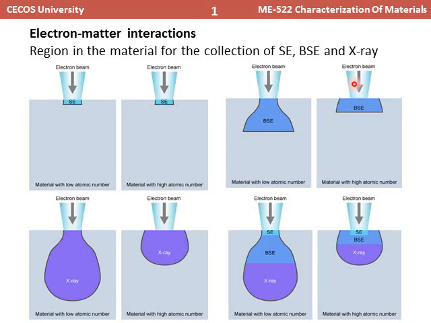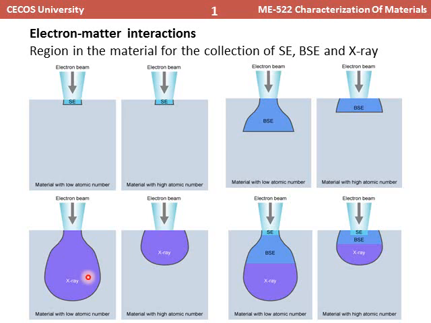Whereas in case of high atomic number specimen, these electron beams are deflected much earlier as compared to the low atomic number. The third thing is about the X-rays. The high energy beam electrons penetrate from the surface inside the bulk, and then the phenomenon of X-rays happens here.